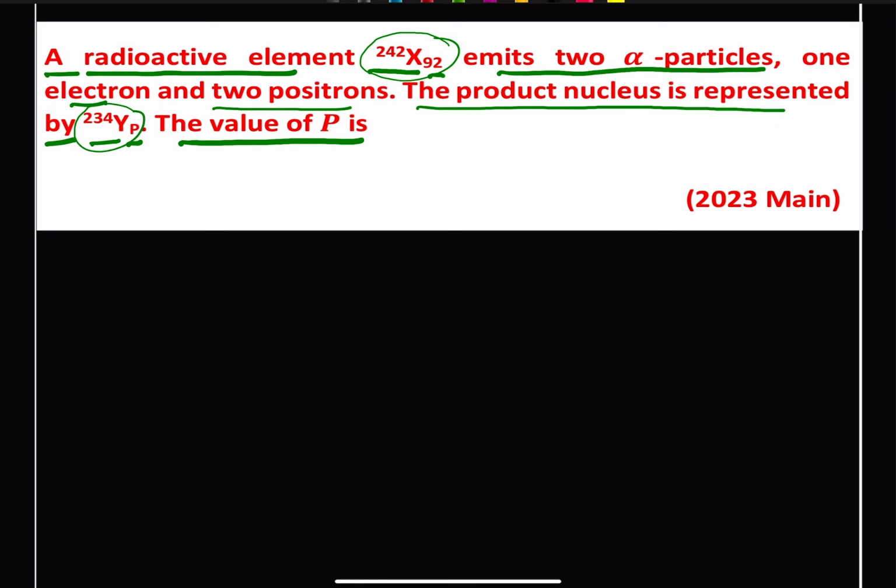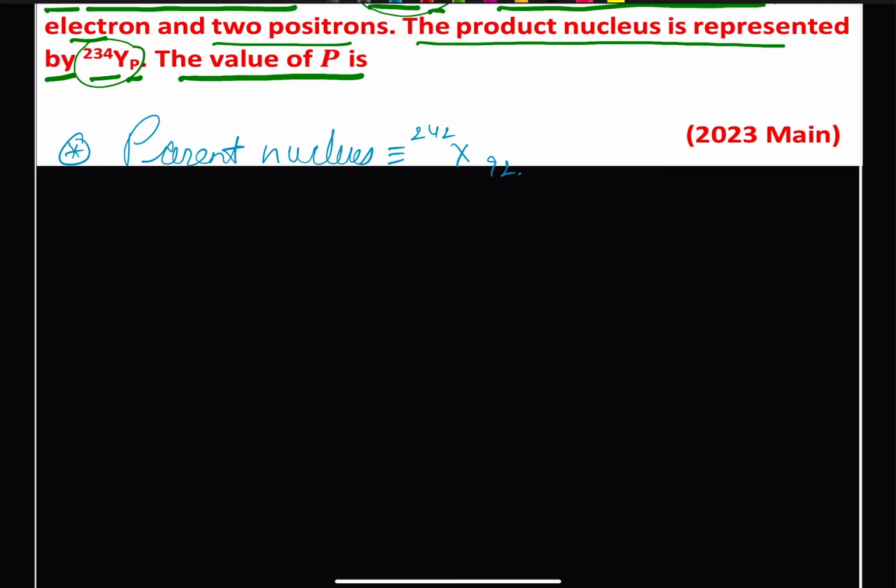So you can say that our parent nucleus is given to us as 242, 92, and this is going to emit 2 alpha particles, 1 electron and 2 positrons.